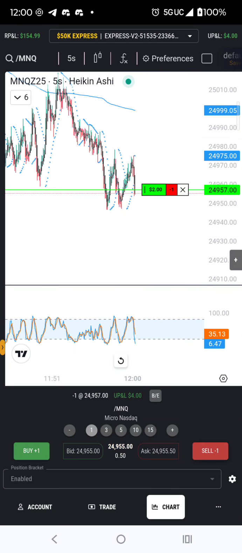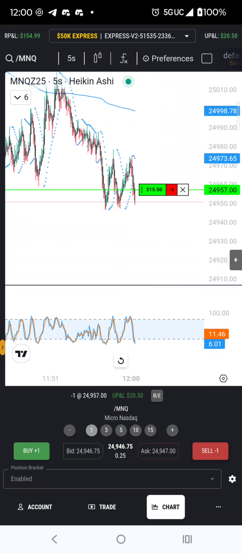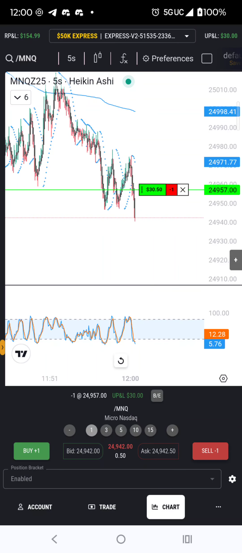Oh, look at that jet. Ooh, right back down. Ooh. So it looks like I'm trailing too closely. That's all. But it's all good. Back up into heavy profit.